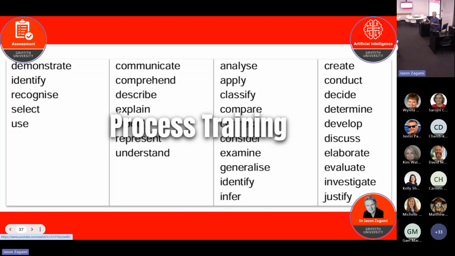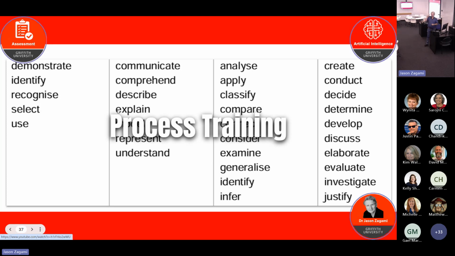So now, instead of assessing their ability to find information and write about it, we provide them with a set of tasks that they have to demonstrate, assessment tasks. How to do well in an exam, how to write a model assignment, how to write a model science report. And these are the processes that are differentiating our students.